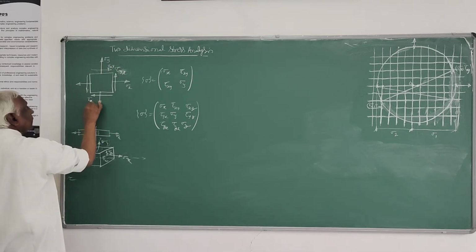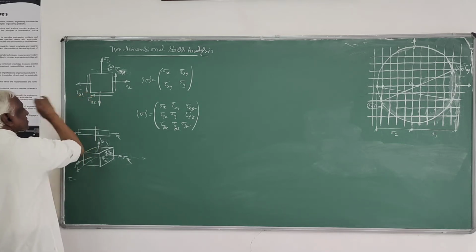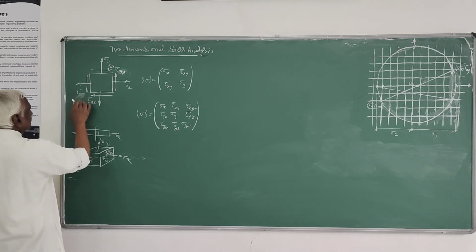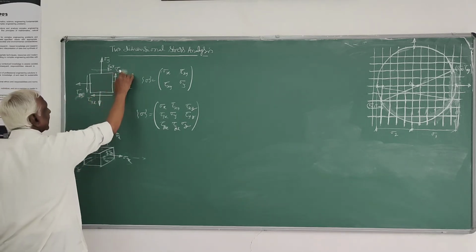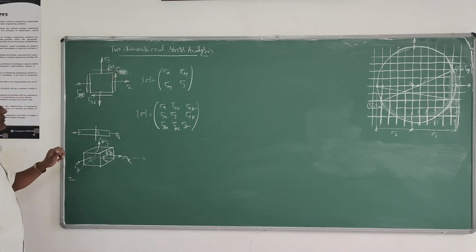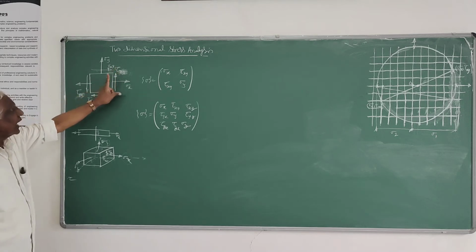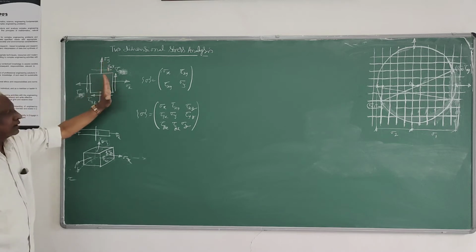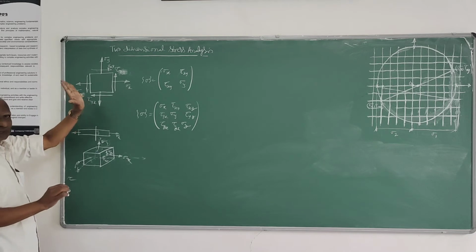This is tau yx, this is tau xy. So this tau xy means it is the shear stress acting along y direction on a plane for which normal is x. That you have to be careful.